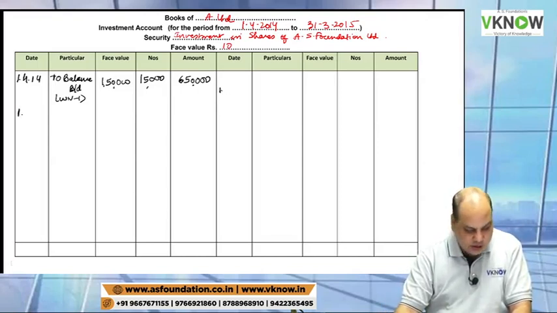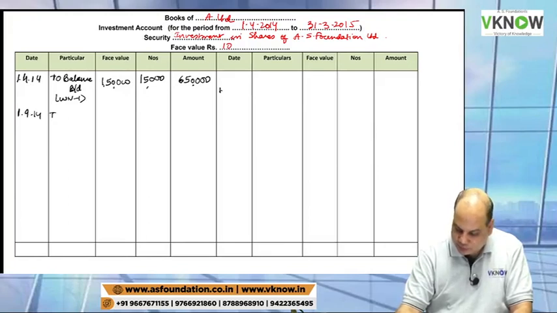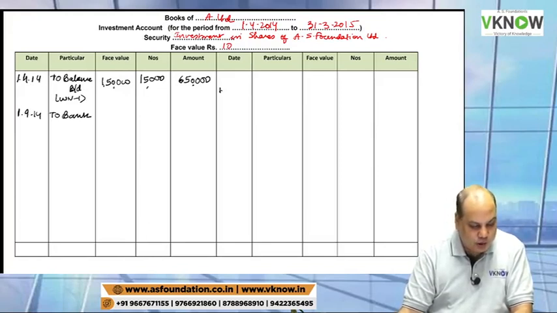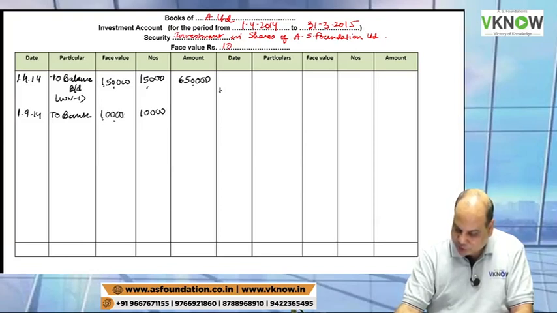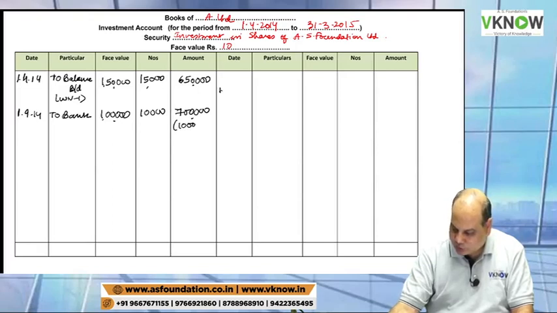Next purchase was made on 1/9/14 to bank. Question in front of you. Fourth bullet point. 10,000 shares were purchased, which means face value is 1 lakh, and purchased at the rate of 70, so that is 7 lakh. 10,000 into 70.